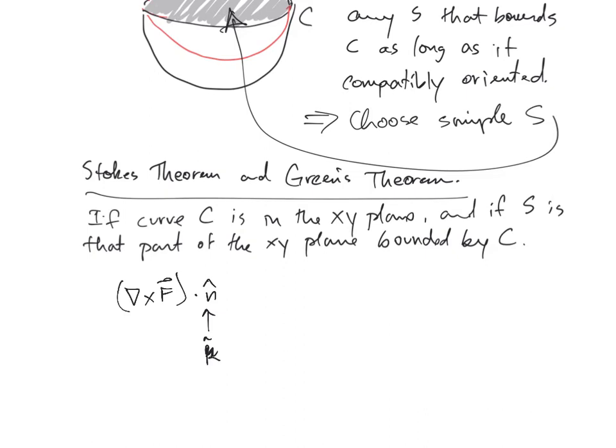Well, then this curl of F dot k hat is simply going to be equal to the partial derivative of N with respect to x minus the partial derivative of M with respect to y.